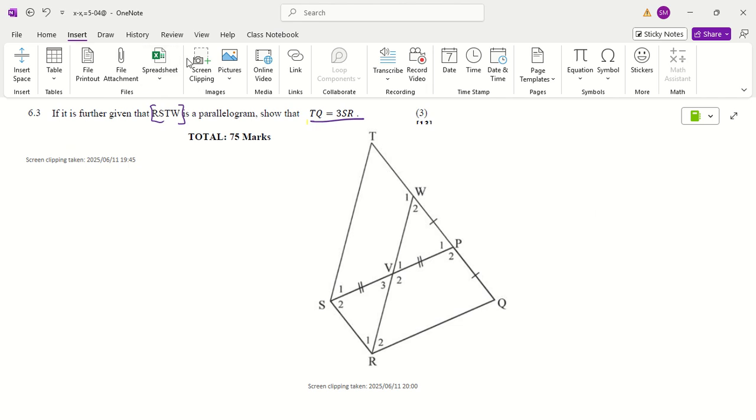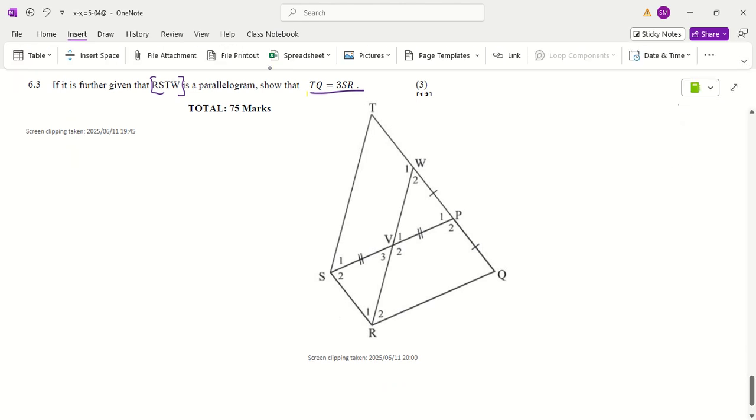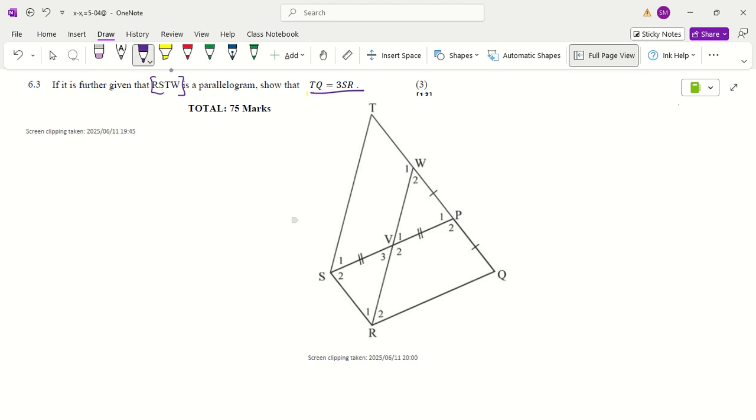So what we've proven so far is that this is a parallelogram, so meaning equal and parallel, and then this is also parallel here. So we need to prove that TQ is 3 times the size of SR. First of all, we have proven that SR is equal to WP, right? This is from the congruence.